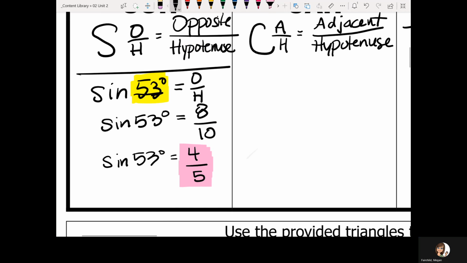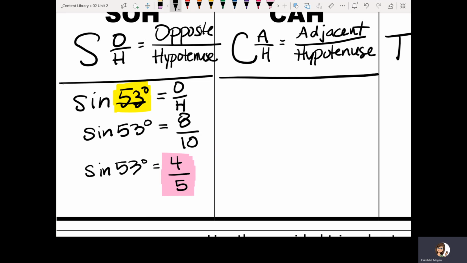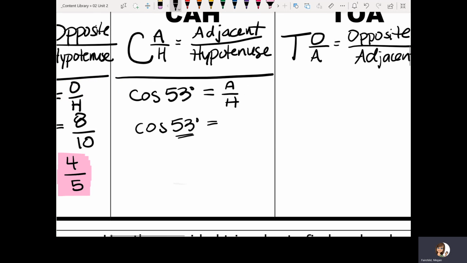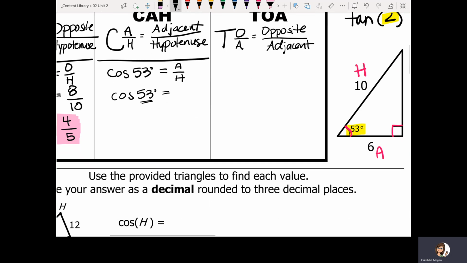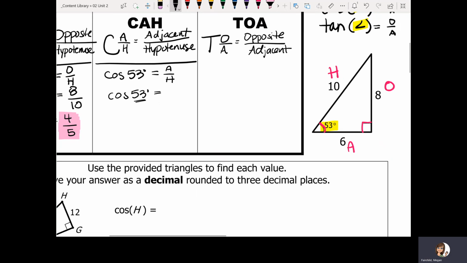Next, we're going to do cosine. So we're going to follow the same pattern. We're still talking about 53 degrees. We're still using SohCahToa, so we're on the Cah part. So we're going to say A over H. Then we fill in A and H. Using 53 degrees as our reference angle, A is going to be 6.